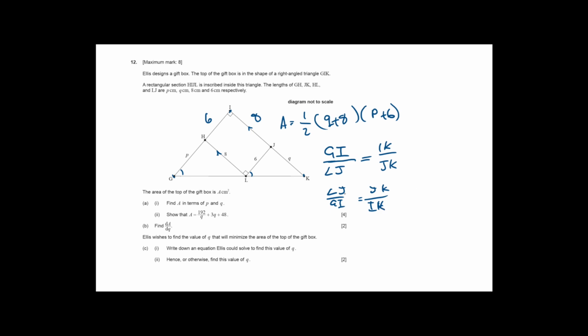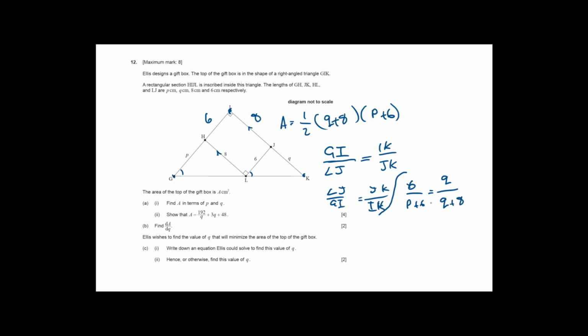But LJ is 6. So 6 over P plus 6, which is GI, must be equal to JK, which is Q, over Q plus 8, which is this line from here to here, because they're similar triangles.